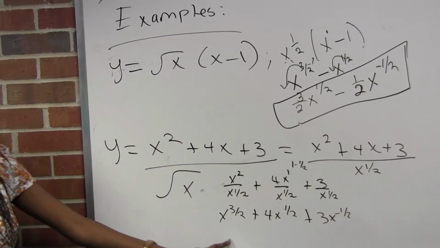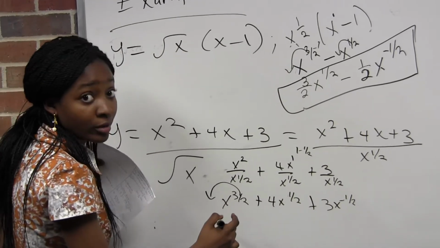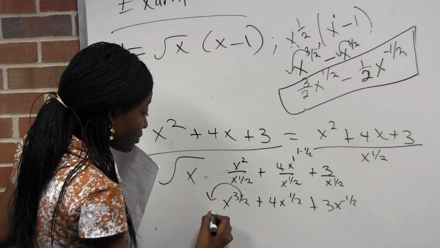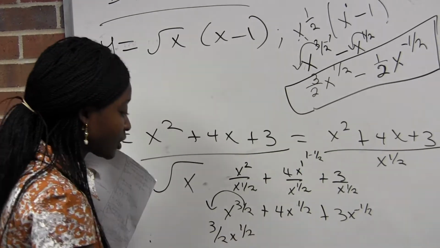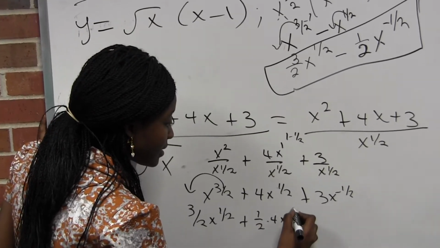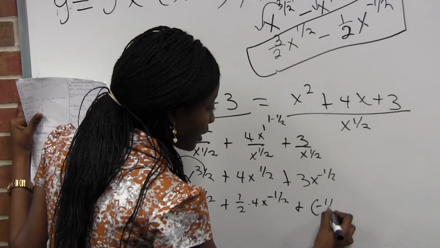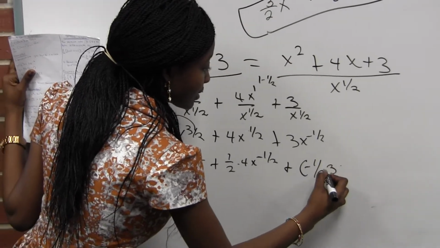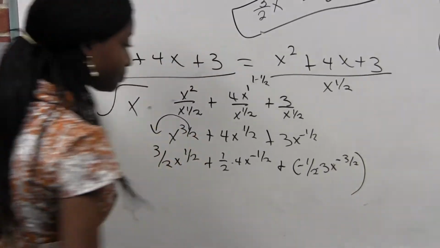So I'm going to find the derivative of each term. So this comes down and I subtract 1, right? So when that happens, I'm going to have 3/2 x to the 1/2 plus 1/2 times 4x to the negative 1/2 plus negative 1/2 times 3x to the negative 3/2.